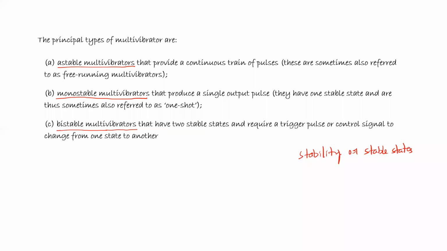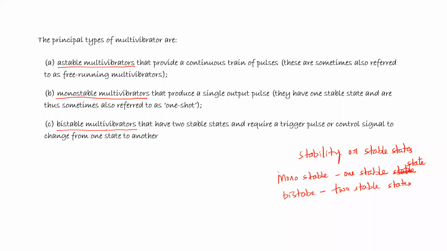Monostable means one stable state, whether it is 0 or 1, it depends. There's just one stable state. Similarly, if you come to bistable, there are two stable states.